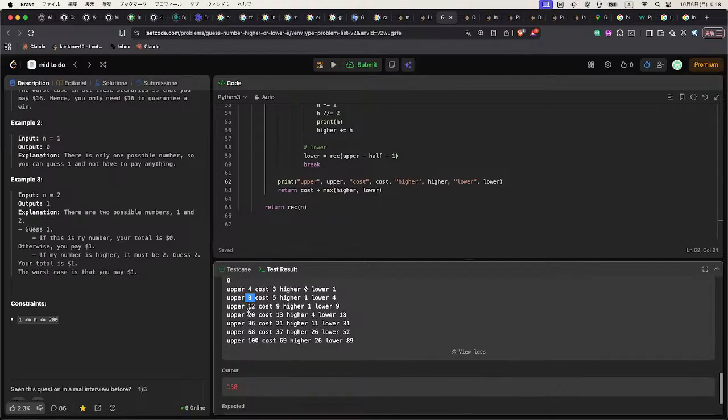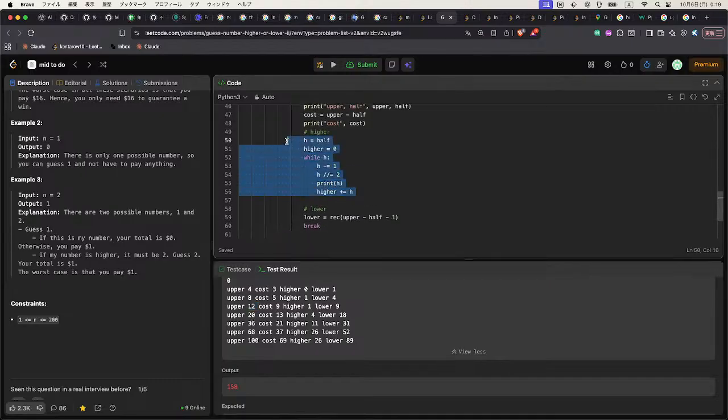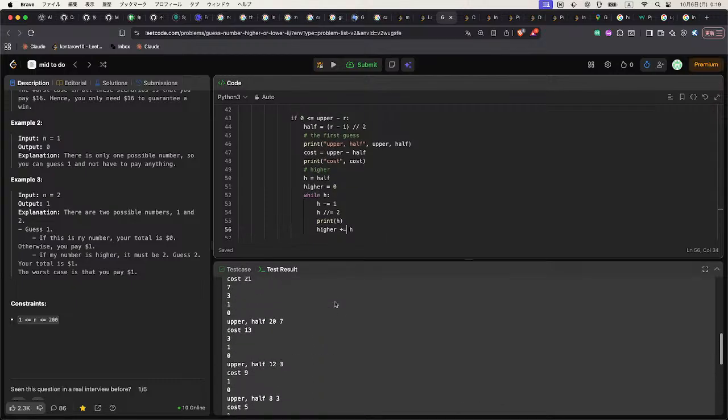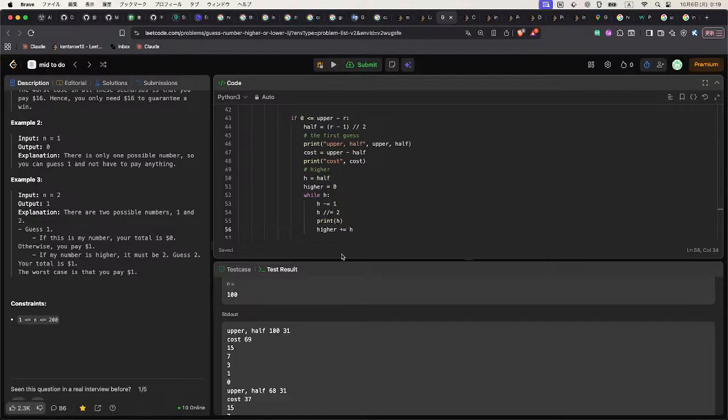This is correct. 12. Initial cost 20. Initial cost 13. Maybe this is wrong. This is wrong.